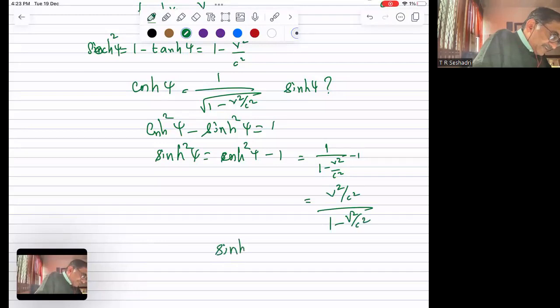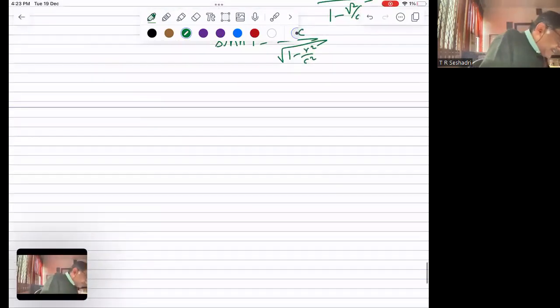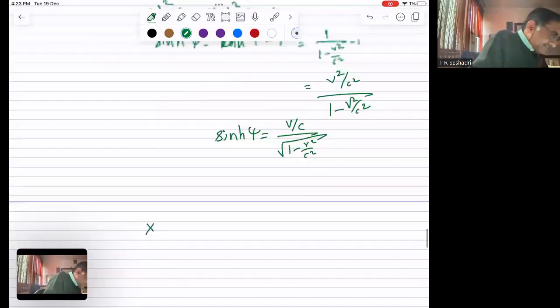So sine hyperbolic psi is equal to v by c times 1 by square root of 1 minus v square by c square. Now if I substitute all this, I will get this.